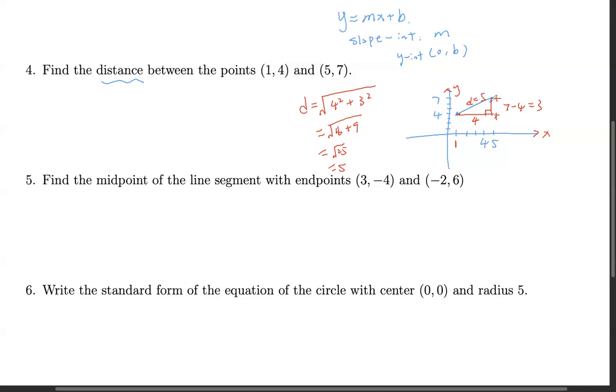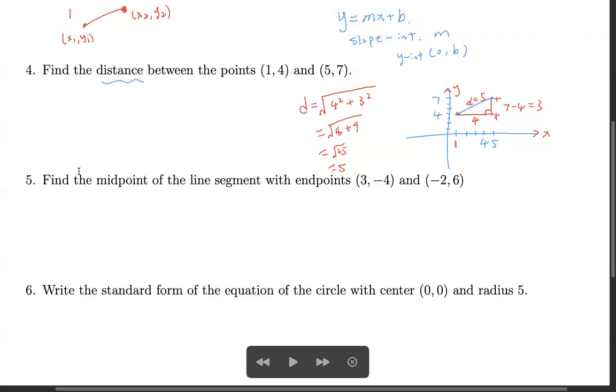So to find the distance between any two points, we just use the Pythagorean theorem. We imagine a right triangle: the hypotenuse squared equals the sum of the two legs squared. So in algebra, let me make a picture here. I have two points. Let's call this point (x1, y1) and this point (x2, y2).